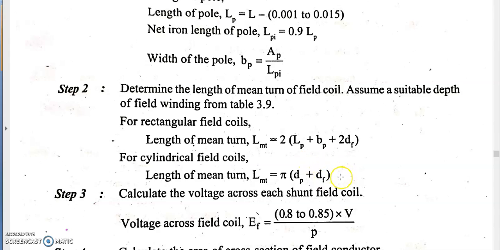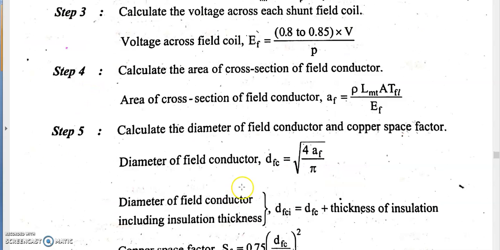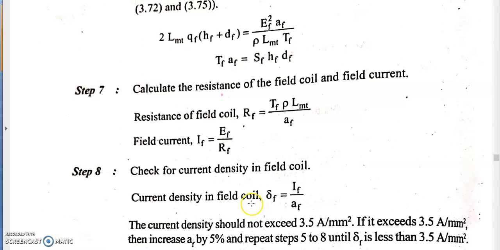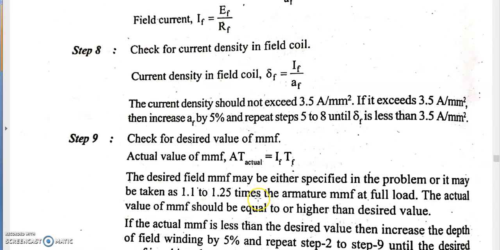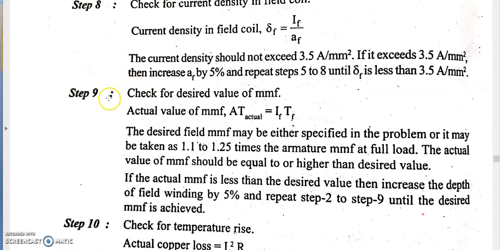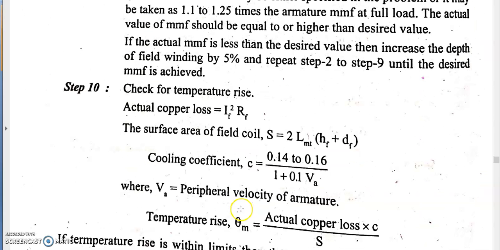So that is increased by 5%, and then we have to repeat from step 2 to step 9, and again check the condition for the ampere turns. If it is satisfied, we stop; otherwise we increase the depth of the field winding by 5% and repeat. And finally, the check for temperature rise.